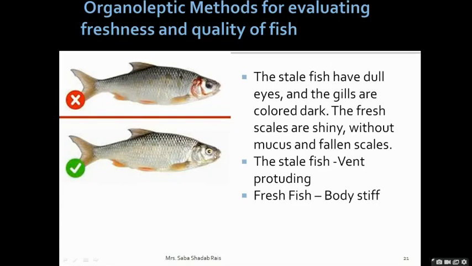Here you can see the eyes are full and prominent, looking absolutely normal like fresh fish. Then here this fish has a sunken eye. The eyes are completely darkened, not prominent and not at the proper place.